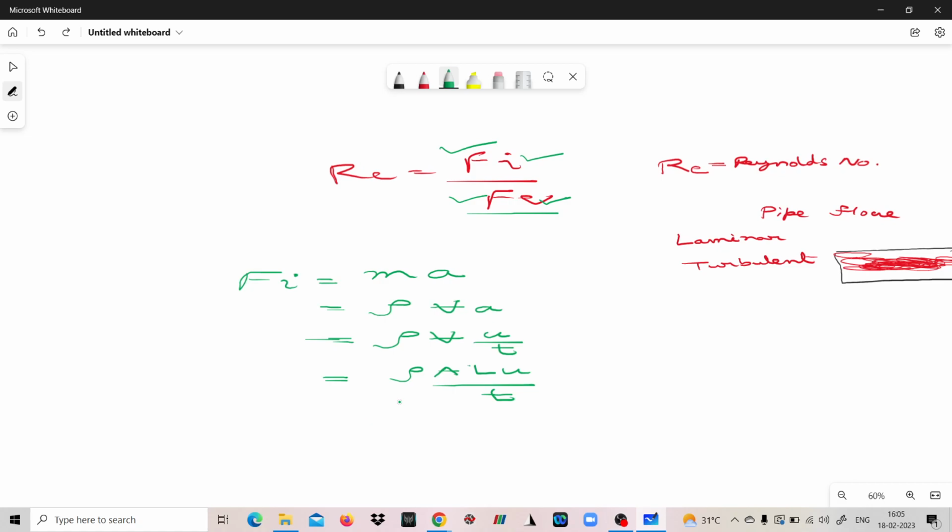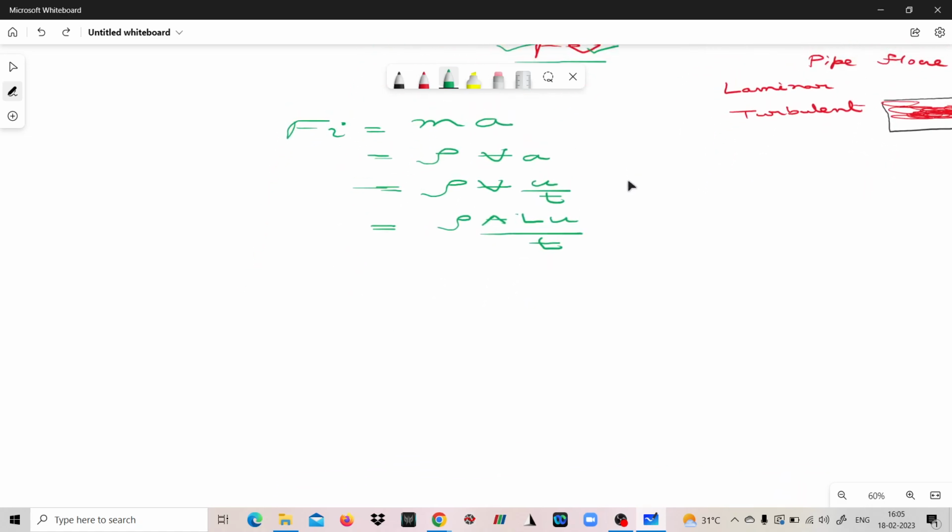Now we have the viscous force. We can get the viscous stress tau from Newton's law of viscosity. So what does Newton's law of viscosity give us? It tells us that tau is equal to mu du by dy, where tau is the shear stress.